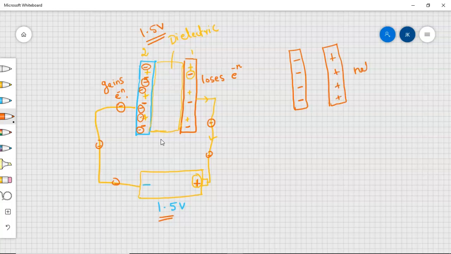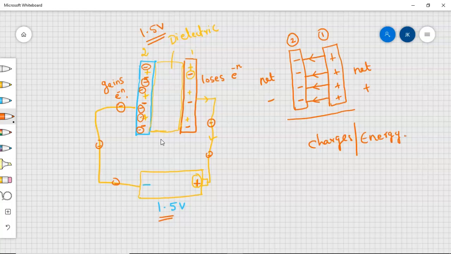Now there will be a strong force of attraction and the electric field lines are formed strongly, flowing from positive to negative, and it holds. Now the capacitor holds charges, or it holds energy.